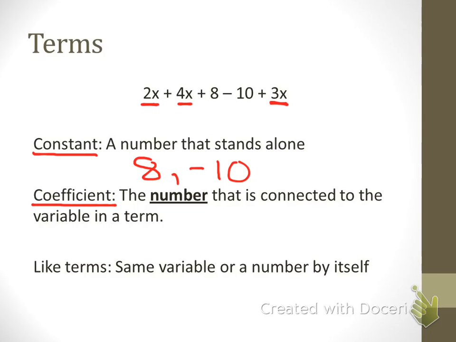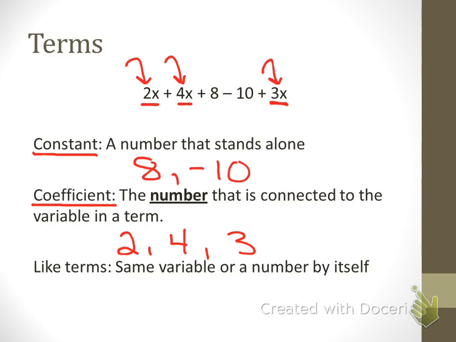And the coefficient is the number that's attached to that variable. It's not the entire term. So in this expression, I would say that the coefficients are 2, 4, and 3. All right?